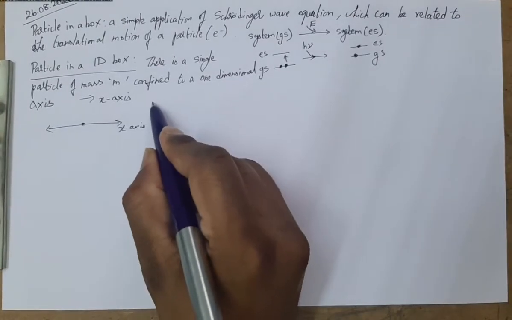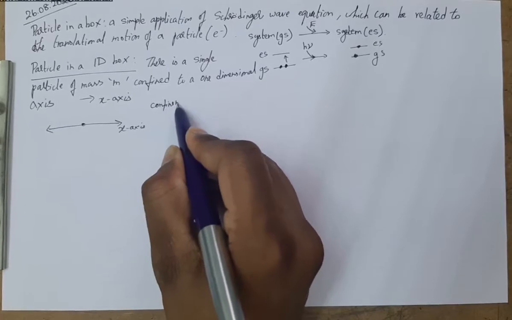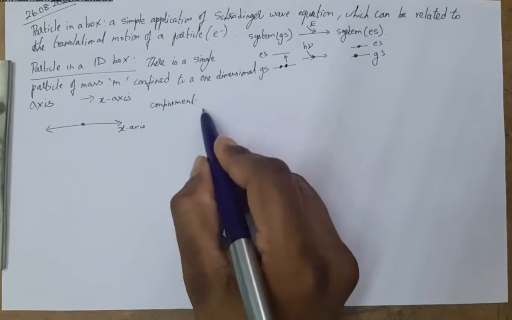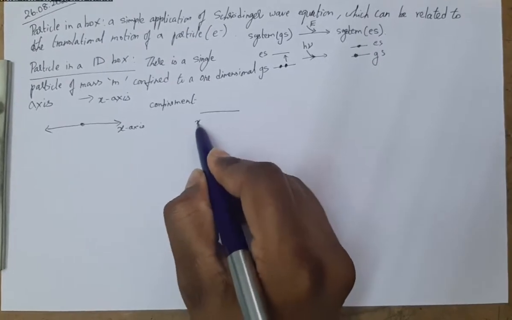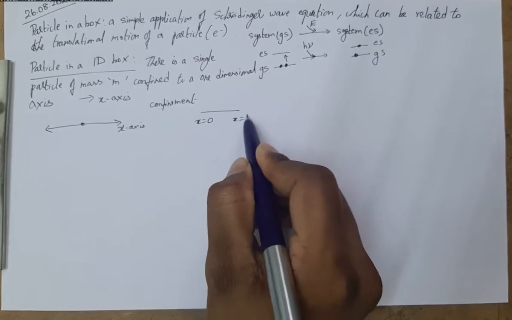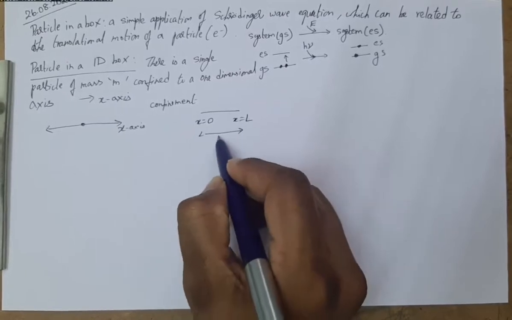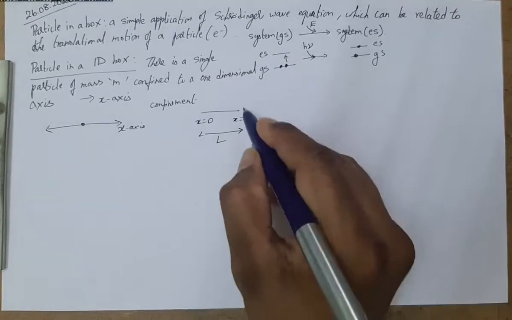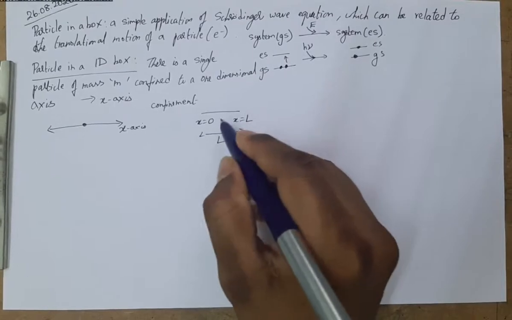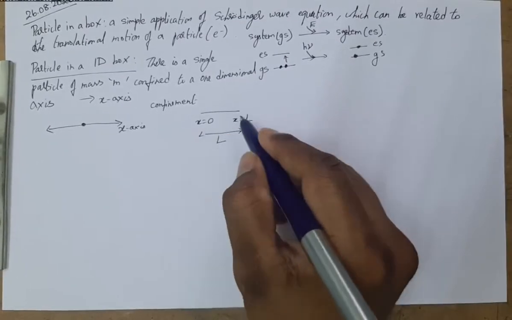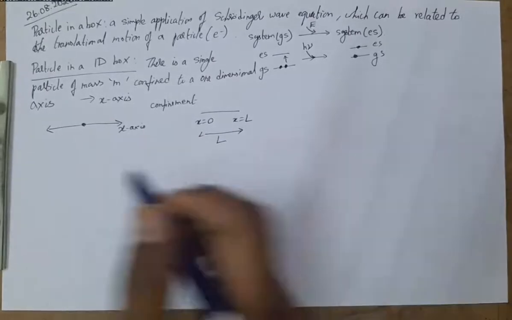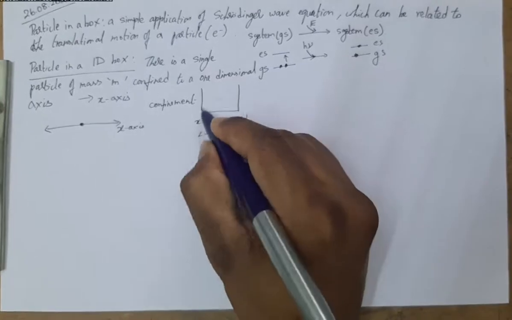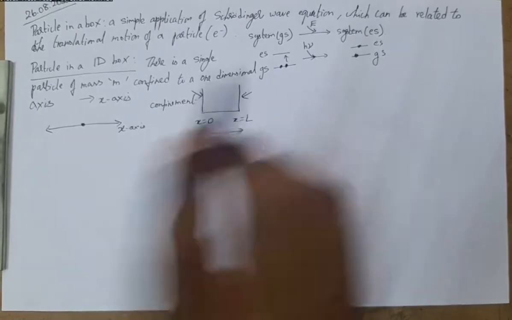and by confinement what we mean is that it is restricted between two endpoints. Let's say that the endpoints are x equal to 0 and x equal to L. So the complete length of the box becomes L. If you have to restrict something to a defined range, you have to make sure that there are very high barriers.